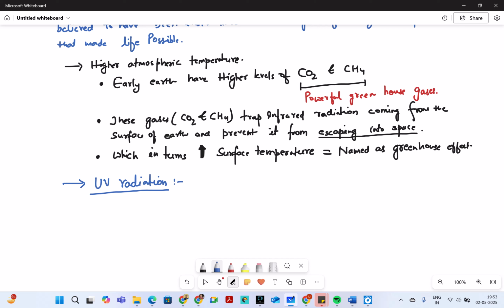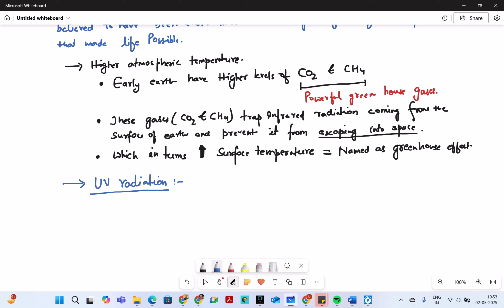Now the atmosphere of the early Earth had no oxygen during that time, which was not only a problem for sustaining life but also prevented ozone from forming. So that was also a reason.